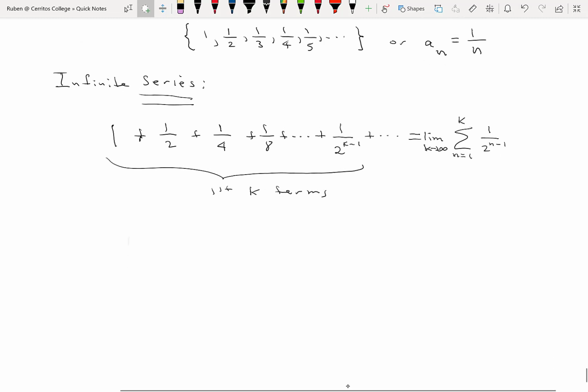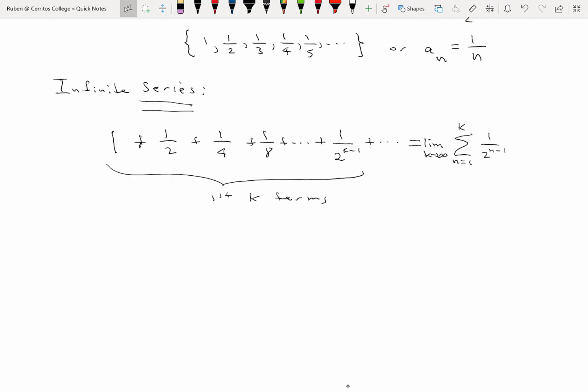So for the second person on the date, their series would look like 1 plus 1/2 plus 1/3. You could write out as many terms as you want in the beginning, plus ... all the way up to the general term, either with k or with n.